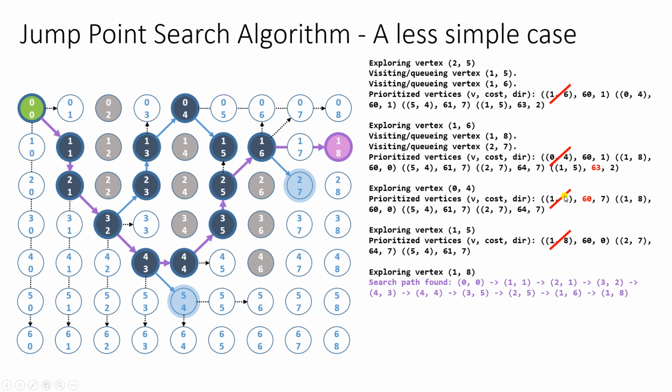This is all from me on this topic. I hope you managed to get a better feeling of how the jump point search algorithm works. I definitely recommend that you check out the source code. You'll get a much better feeling of how it works, how it can be implemented, how I implemented it.